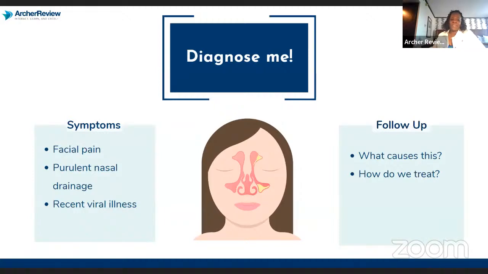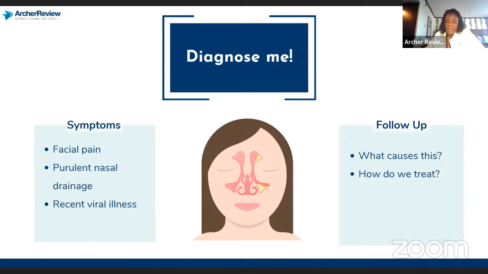Now, if they come in and they've had this runny nose for a couple weeks and now they have facial pain, purulent nasal drainage, they recently just got over a virus, and it's greater than 10 days, it may have gone from allergic to viral, which eventually could lead to bacterial rhinosinusitis when they palpate on the face right here.